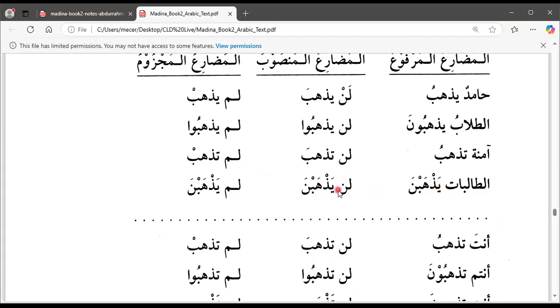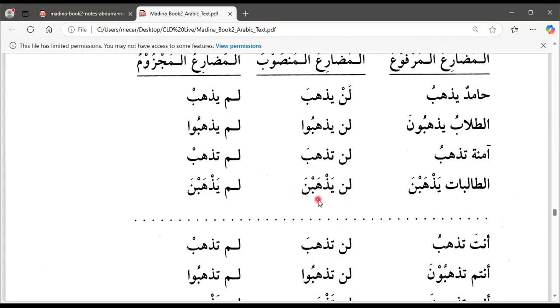Here, when you see lan yadhabna, it is preceded by lan, which is adat nasb lil mustaqbal. So we understand this yadhabna is no longer marfu'un because of lan. It is al-fi'l al-mudari' mansubun, mabniyun in this case.